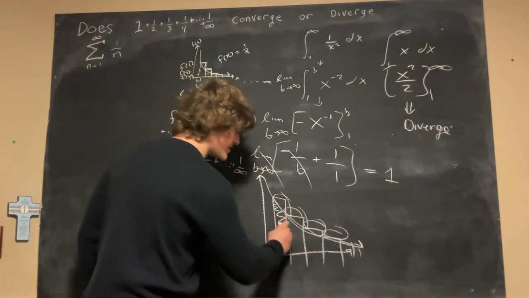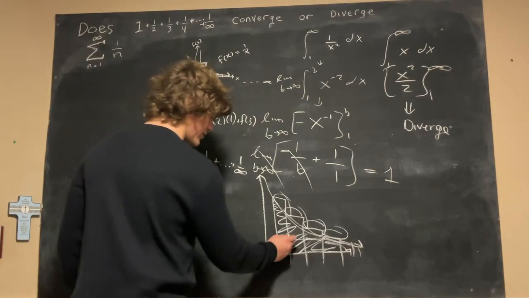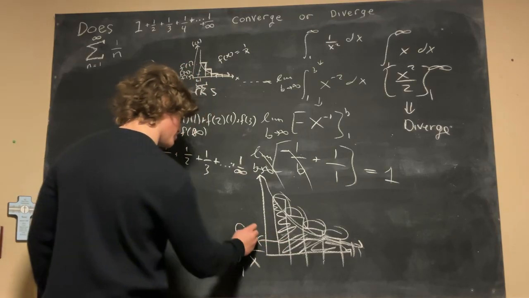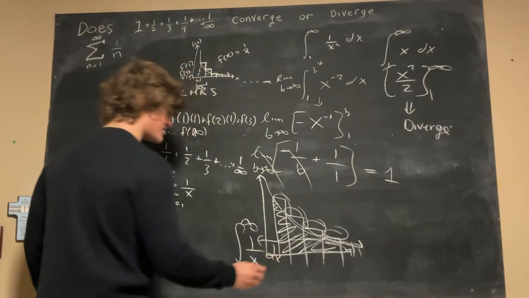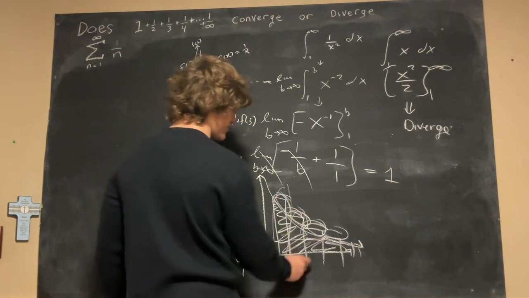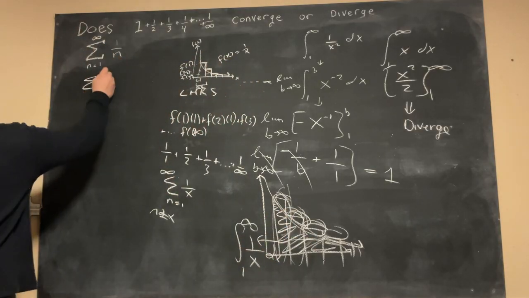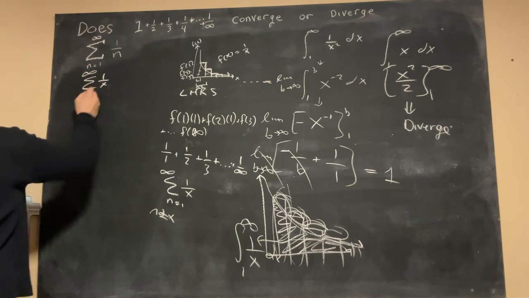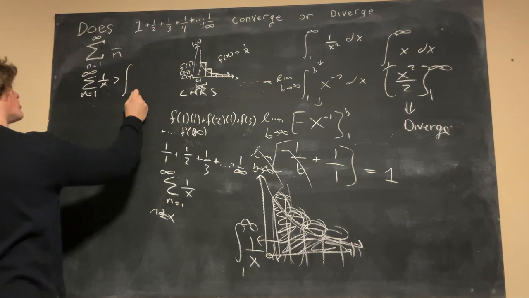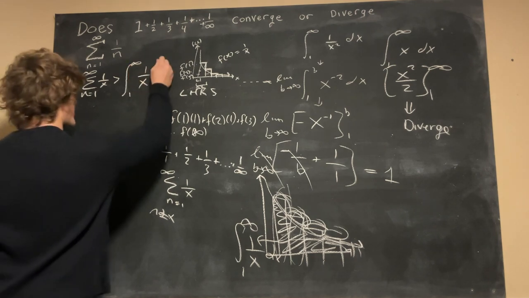The area that I'm shading in right now is the integral of 1 over x from 1 to infinity with respect to x. And all these are the sum. What this means is that the sum of 1 divided by x going to infinity starting from 1 is greater than the integral from 1 to infinity of 1 divided by x with respect to x.